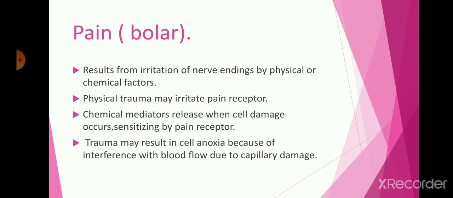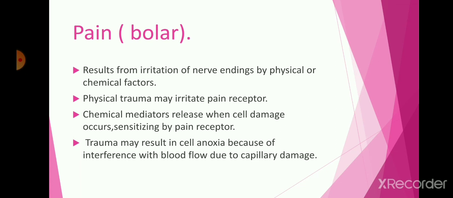Due to this irritation of nerve endings, the pain receptors start to be irritated, and chemical mediators are released when cell damage occurs, and these chemicals sensitize the pain receptors. This trauma may also result in cell anoxia because of interference with blood flow due to capillary damage.